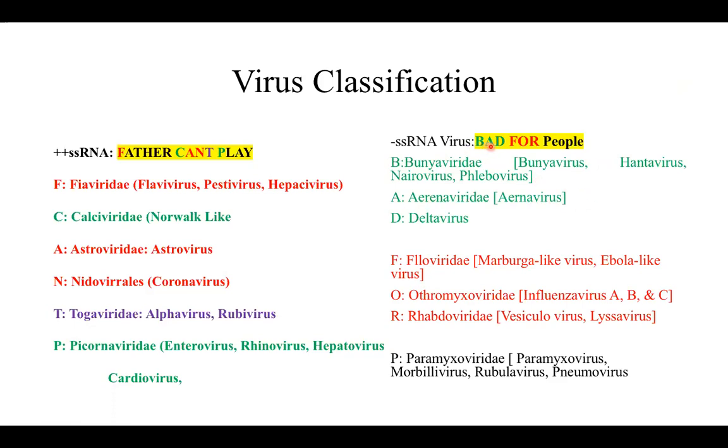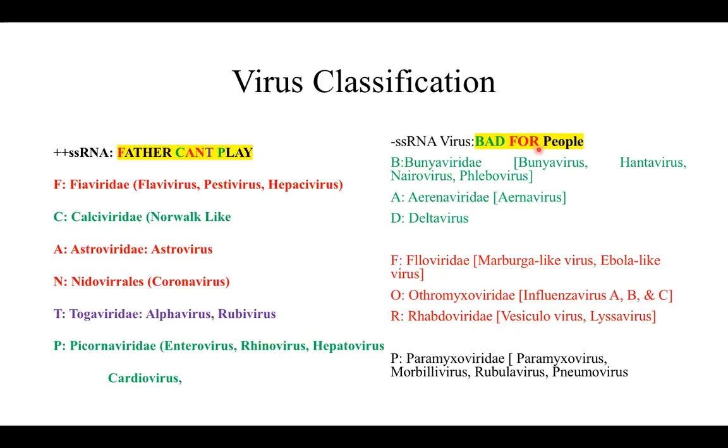D stands for the delta virus. F indicates the filovirus, that is Ebola-like virus. O stands for the orthomyxovirus, that is influenza virus A, B, and C. R stands for the rhabdovirus, that is rabies virus.